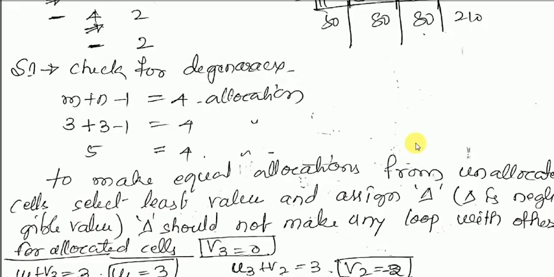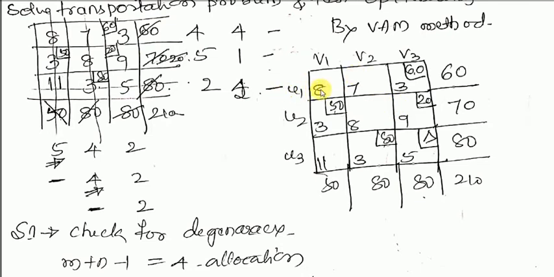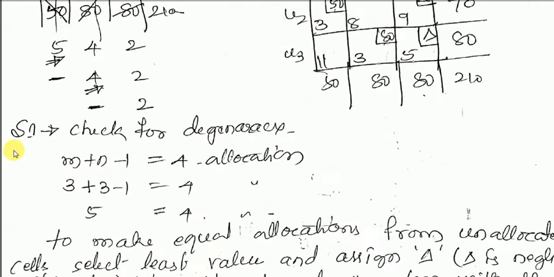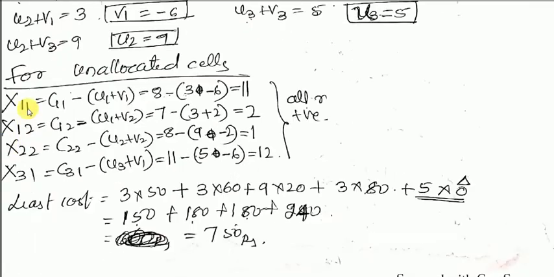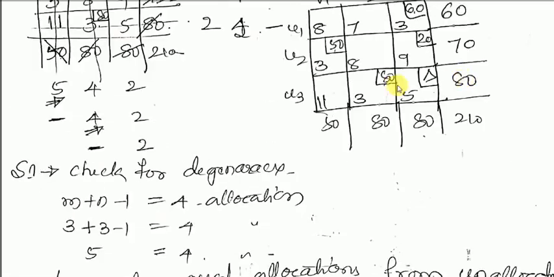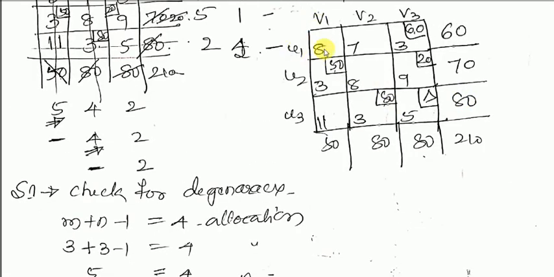After this, once again go for unallocated cells: x11, x12, x21, x31, so all these four, right? For x11, it is c11 minus (u1 plus v1). u1 and v1 are calculated in the above step, and c11 is 8.